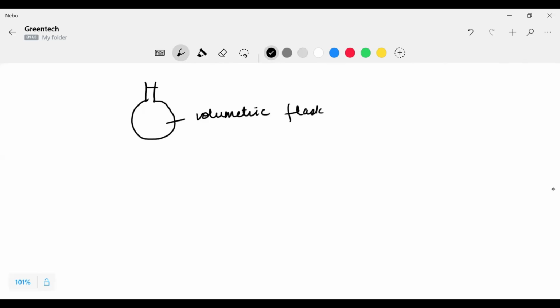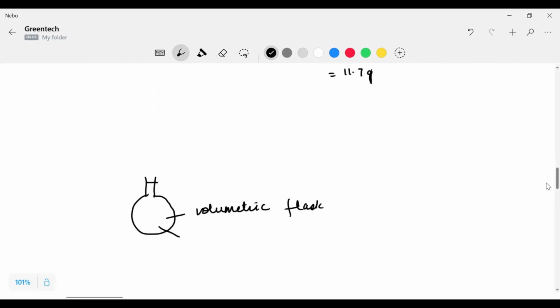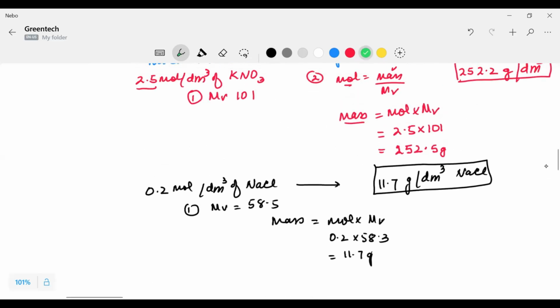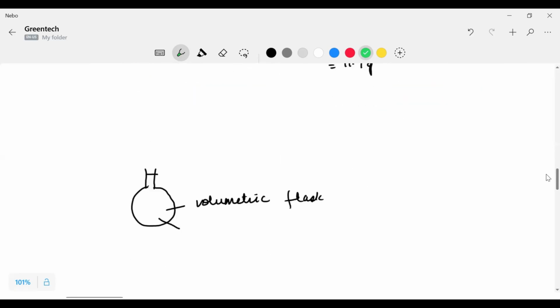Look here, when we are talking about the solvent to be 1 dm cube most of the time, we are just talking about per dm cube. So the chemical is made in bulk, but a small portion of it is used in the lab.